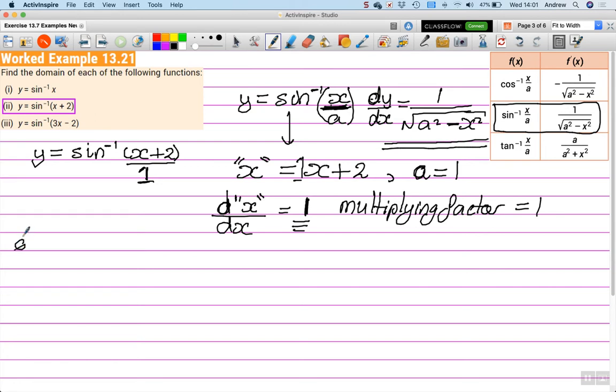So what we've got to do now is apply this formula here. So we've got dy/dx is equal to, and the formula says on top there is a 1, so put a 1.